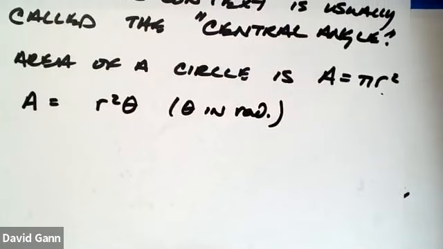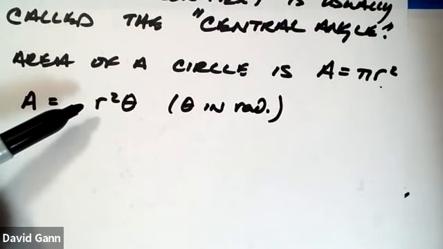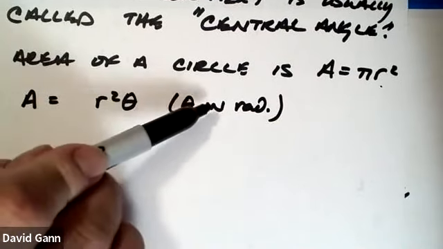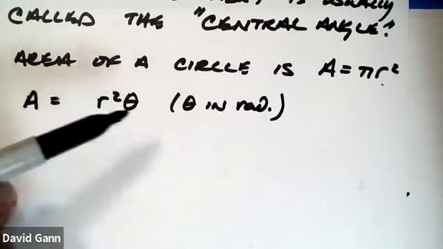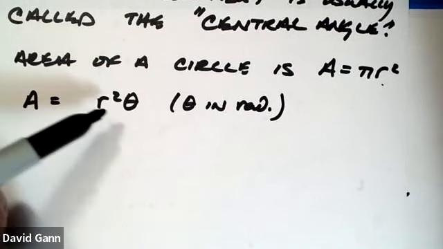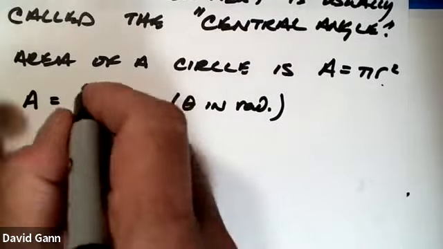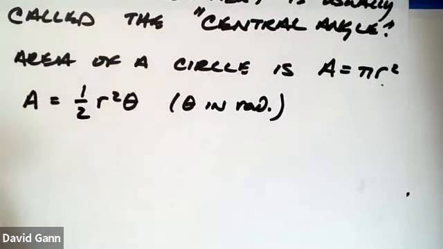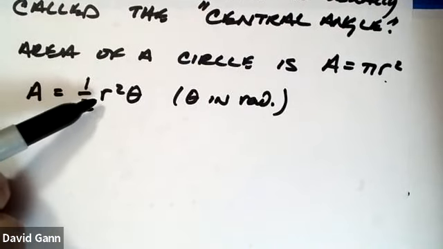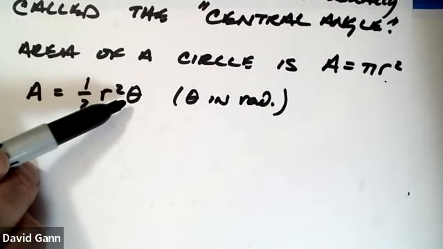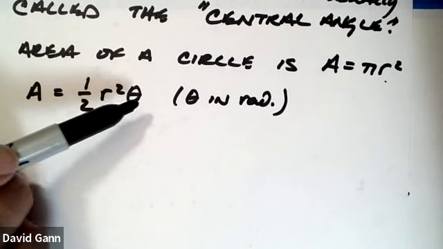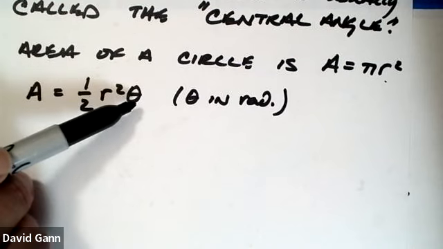I know this is a little backwards, but if theta was 2 pi radians, what would this coefficient need to be in order for this equation to hold for 2 pi? It turns out that answer is just 1/2. So just to verify, if we're talking about a whole circle, then the radian measure of the central angle is 2 pi.